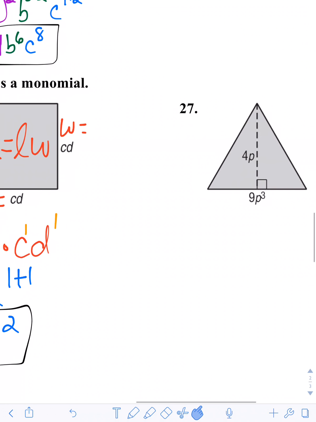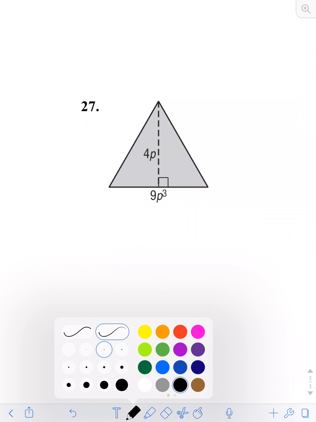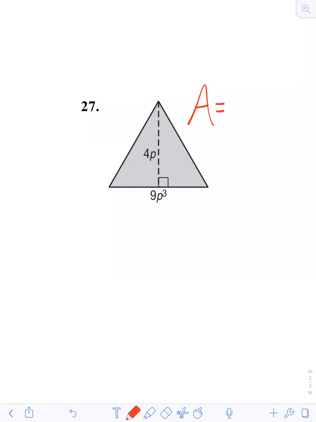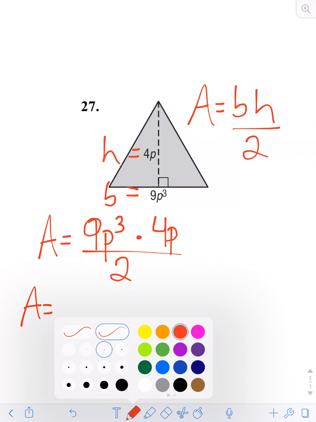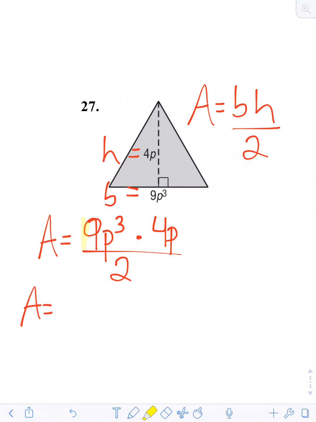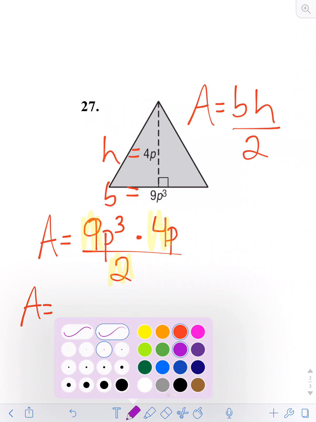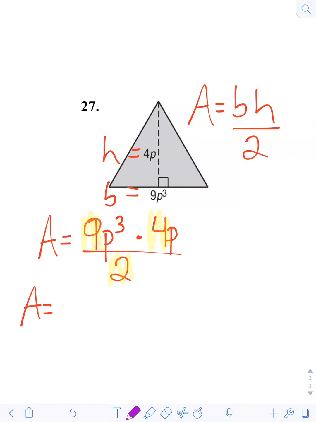All right, last one is a triangle. So my formula here is area is equal to base times height divided by 2. Here's my base. Here's my height. So area is equal to my base, which was 9p cubed, times my height, which is 4p, divided by 2. Okay, I'm going to look at what are not my exponents first. 9 times 4 is 36.